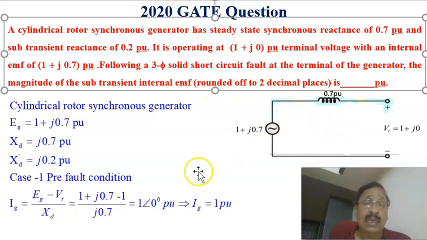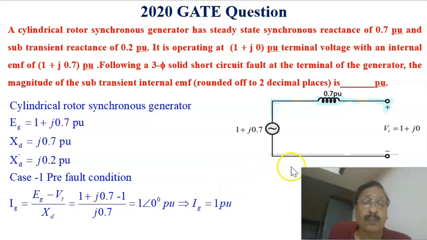Therefore, this is the equivalent circuit of a synchronous generator. This is the generated voltage Eg equal to 1 + j0.7 per unit, and the terminal voltage 1 + j0, and Xd equal to j0.7 per unit, and the subtransient reactance j0.2 per unit.